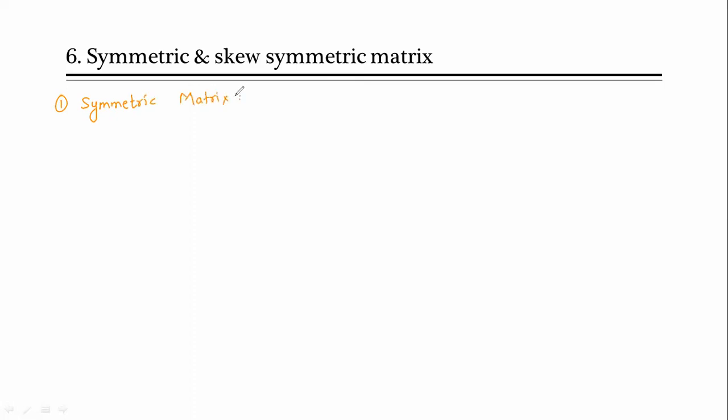Now, A is called a symmetric matrix if A transpose is equal to A, or if Aij is equal to Aji. Okay, don't worry. I'm going to explain each and everything.